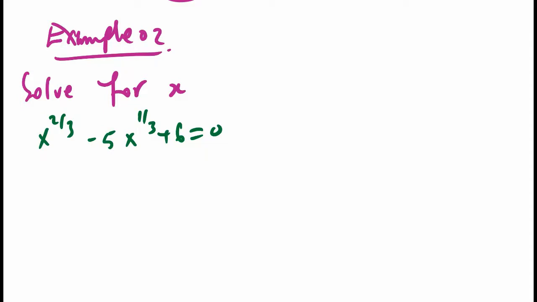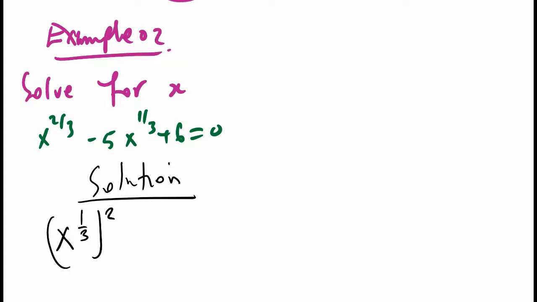Now we go to the second example. In example 2, we are supposed to solve for x, given that x^(2/3) minus 5x^(1/3) plus 6 equals 0. So here is the solution. As you can see, the equation can be rewritten as (x^(1/3))^2 minus 5x^(1/3) plus 6 equals 0.